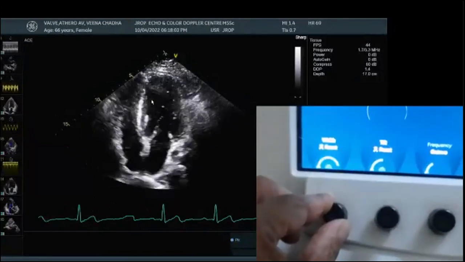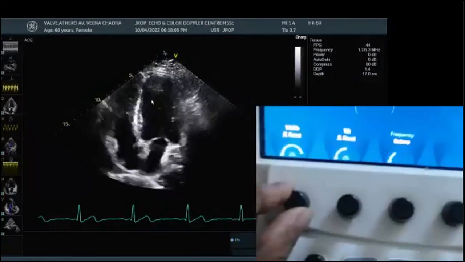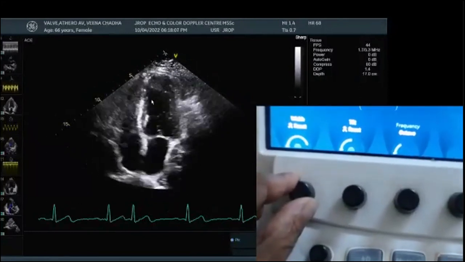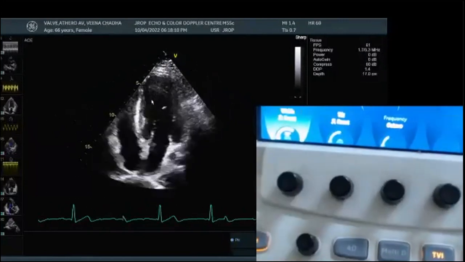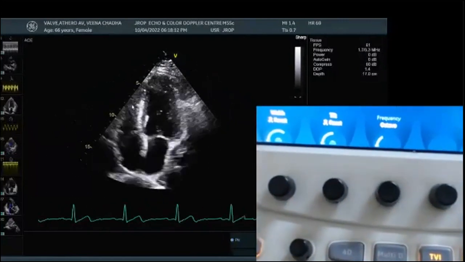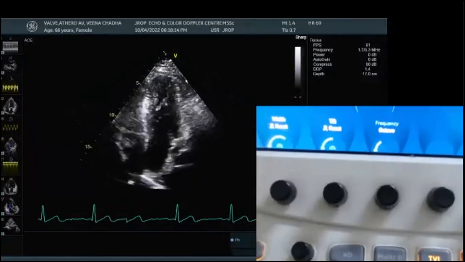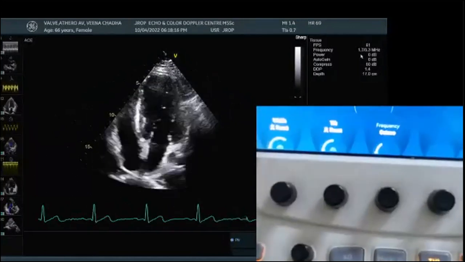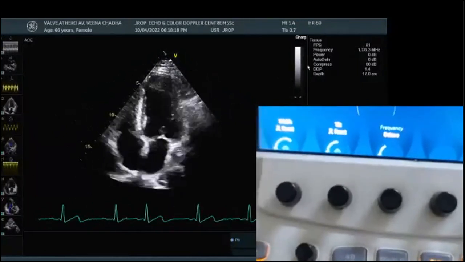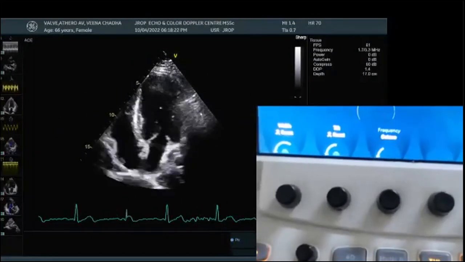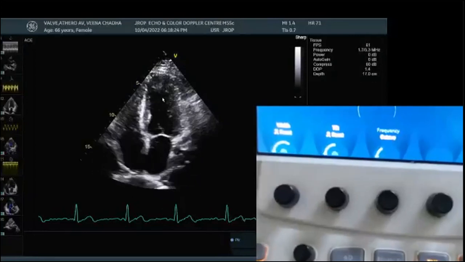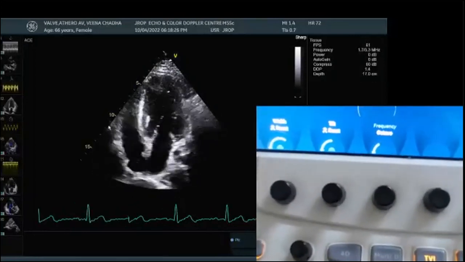I have increased the width. It has gone to almost 90. So we have to keep it about 65 to 70. Depth 15 to 17 and width 65 to 70 to keep your frame rate more than 50. And this is all garbage. We don't need all this on this side. So that's how we keep the width as well as the depth.